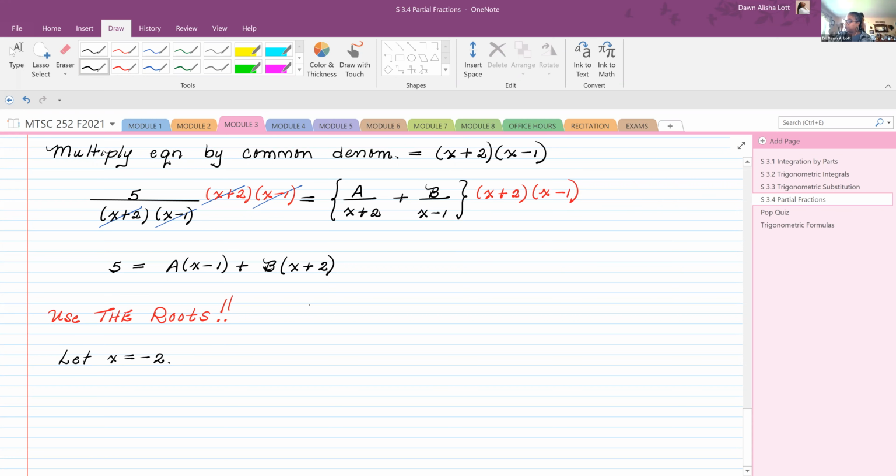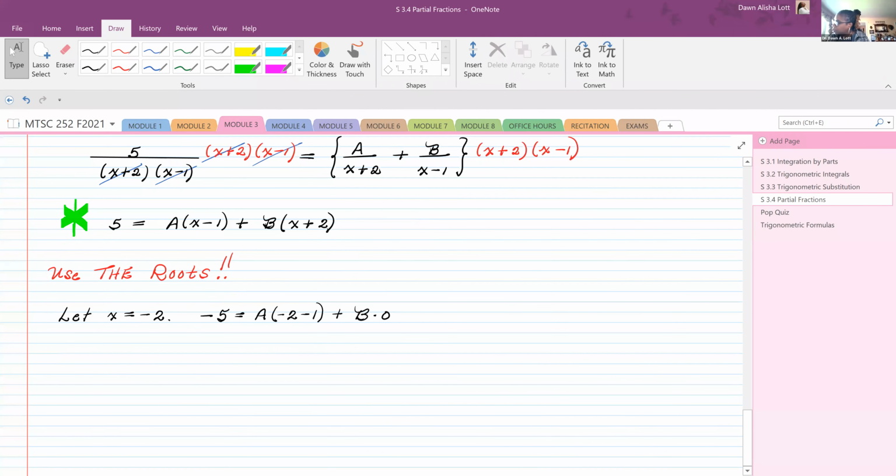So if x equals -2, I'm putting it in this equation. I get 5 is equal to A times -2 minus 1 plus B times 0. So I get 5 is equal to -3 times A. So A is 3/5. So we just found A, guys.